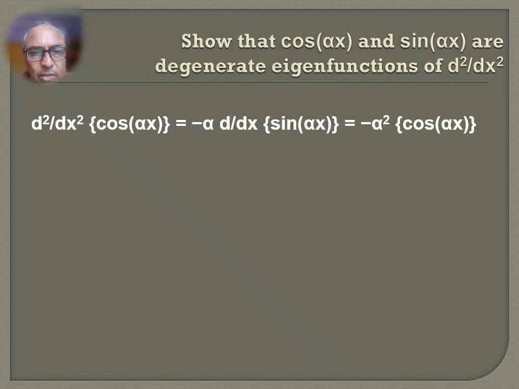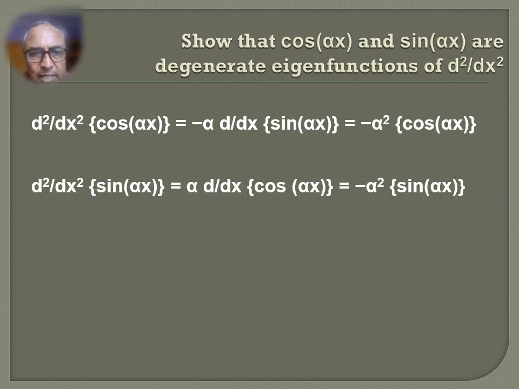To do this, we operate d squared by dx squared on cos alpha x, which gives minus alpha times d dx of sin alpha x, which is equal to minus alpha squared times cos alpha x. Operating with d squared by dx squared on sin alpha x gives alpha times d dx of cos alpha x, which is equal to minus alpha squared times sin alpha x.